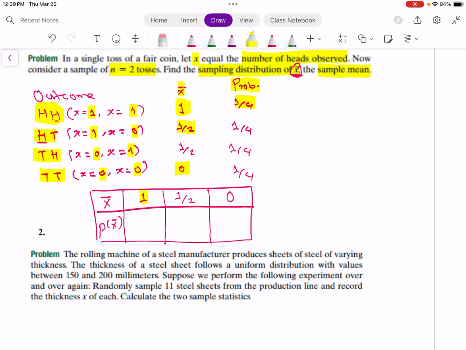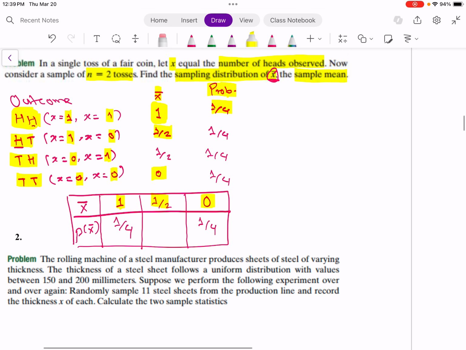The probability that x bar takes a value 1 is 1/4. In a similar way, the probability that x bar takes a value 0 is 1/4. Now what is the probability that x bar takes a value 1/2?